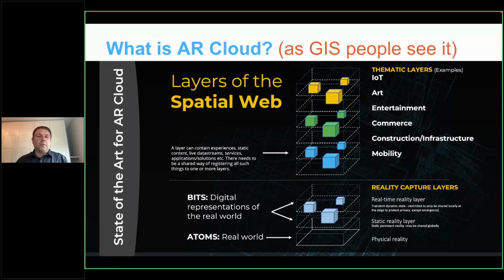In the GIS world, we often think about maps as these layered concepts. The old traditional maps tended to be about the static world. And in this figure here, that intends to describe the spatial web, you have the physical world, the 3D atoms, as the static layers.